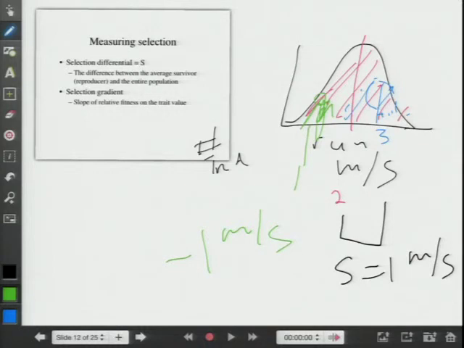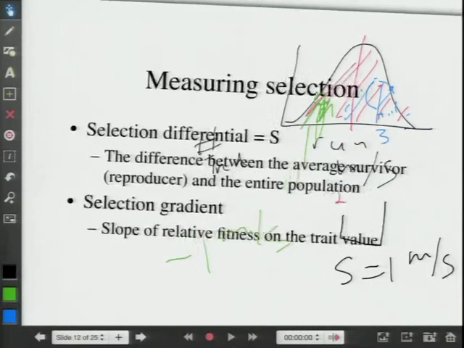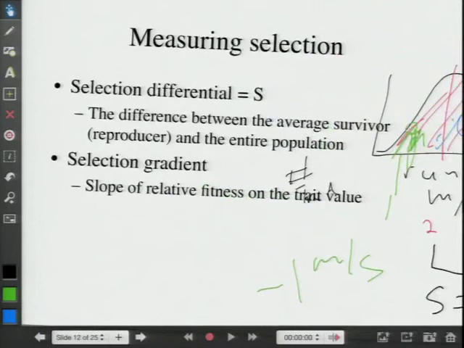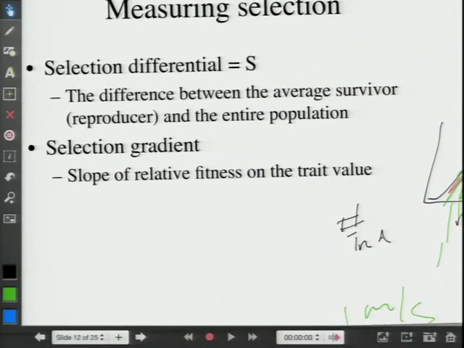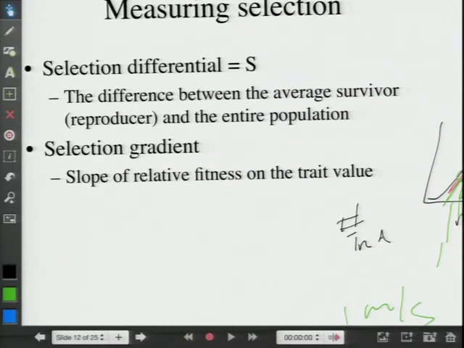That's not going to be very comparable across studies in organisms and traits, right? So an alternative to that is this thing called the selection gradient, which is the slope of relative fitness on the trait value. So this cancels out the units, and you get a metric that's comparable across all different kinds of studies.